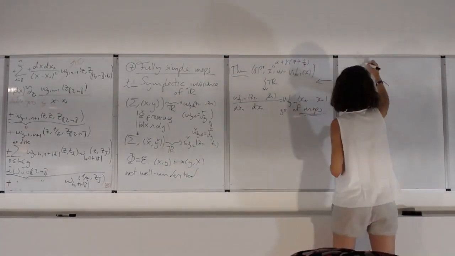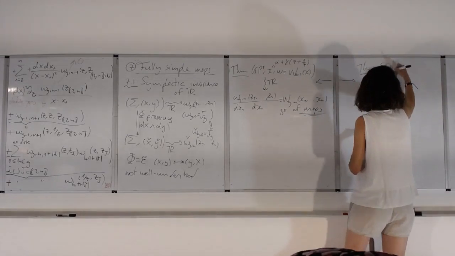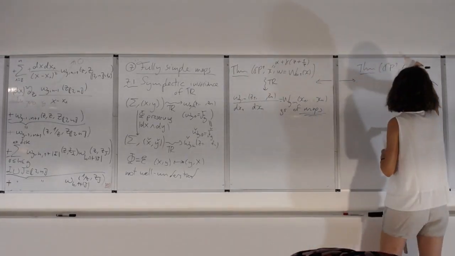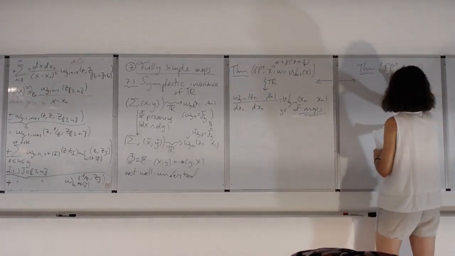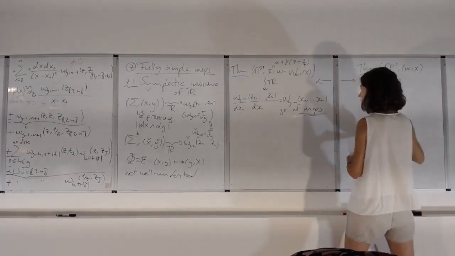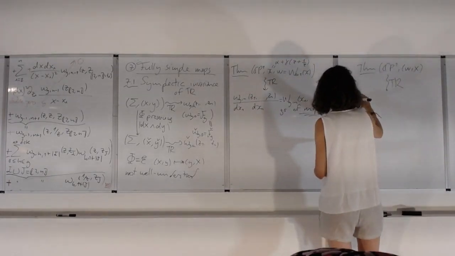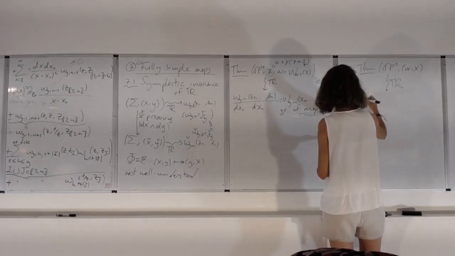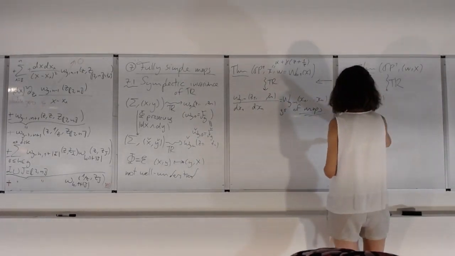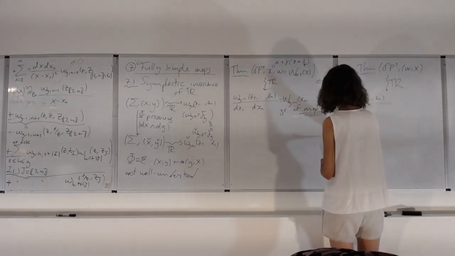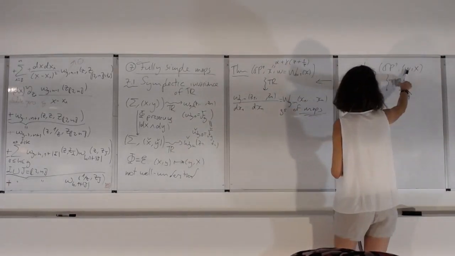And it just tells us that if we take the curve exchanging x and y, we apply the topological recursion, we get the wedge omega g,n. We have to divide by the coordinate associated now to the new x.